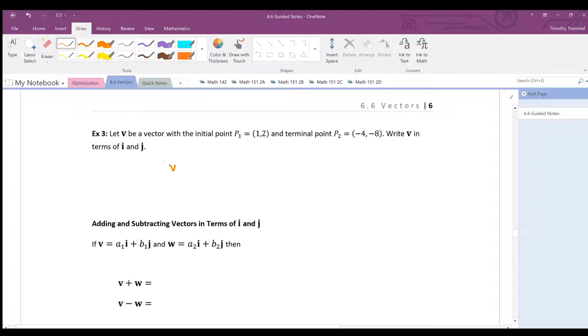So v is going to be a vector that goes from P1 to P2. Okay, and so if we're looking at how far this thing moves horizontally, that's just the distance in the x values, or if I wanted to, I could subtract them, -4 - 1.